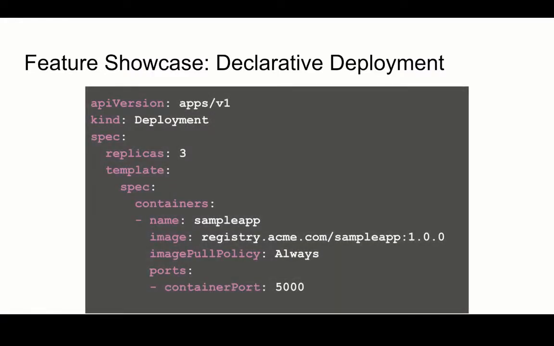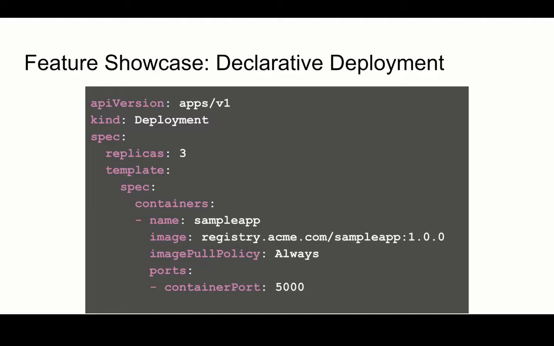As a quick run through of how that looks like in the real world, here is a sample deployment file that you feed into Kubernetes so that it'll know how to deploy your microservice, right? And this is just ordinary YAML, really. I'm just going to highlight a few parts here.